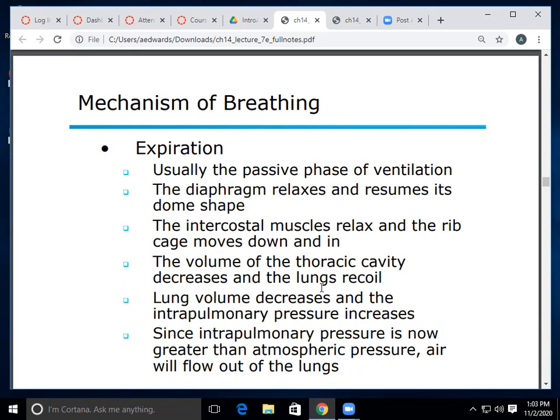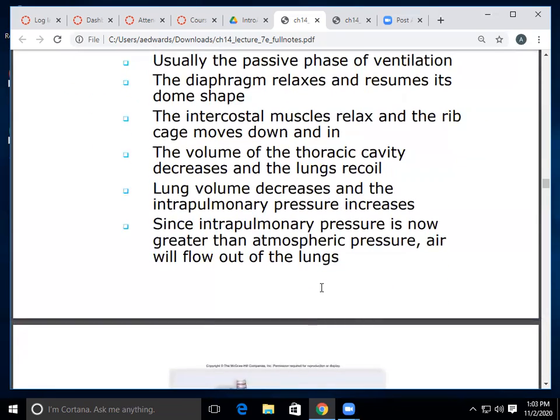You see a decrease in the volume of your thoracic cavity. Your lungs start recoiling, and lung volume starts to decrease. You also see an increase in the intrapulmonary pressure, which is going to push air out. And since the intrapulmonary pressure is now greater than atmospheric pressure, air goes out. It expires, it leaves.